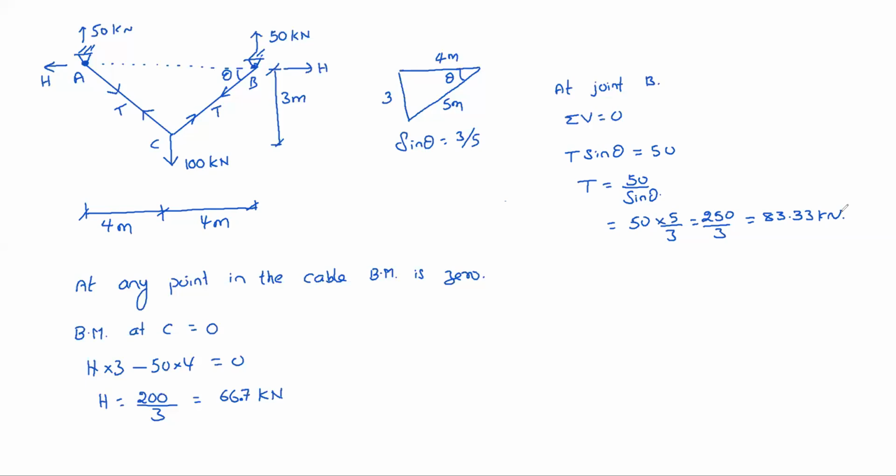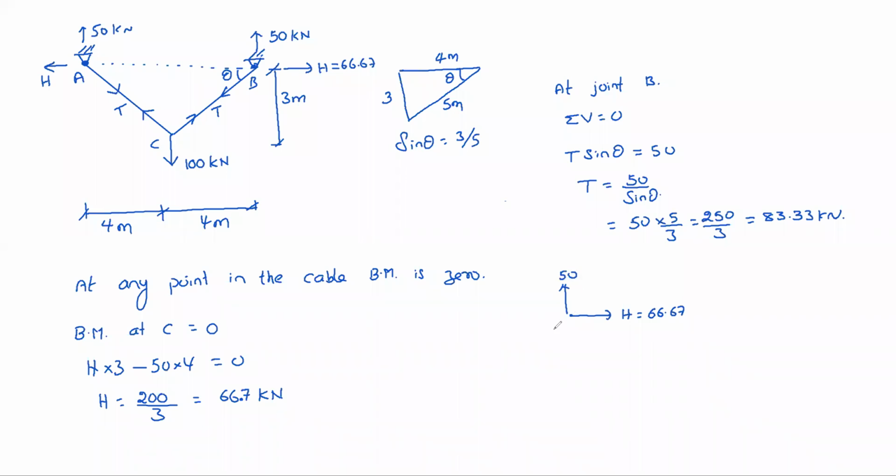Of course, this tension you can work out in another way also. You have this h, right? H equal to 66.67 at the joint. If you see, this is h, 66.67. This vertical reaction is 50.